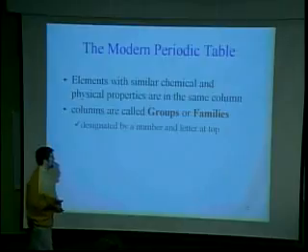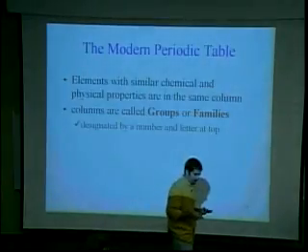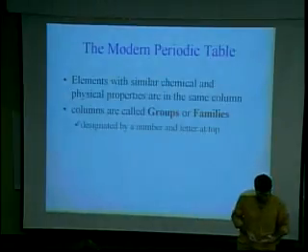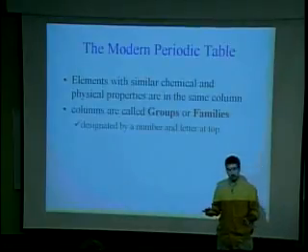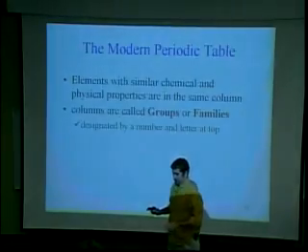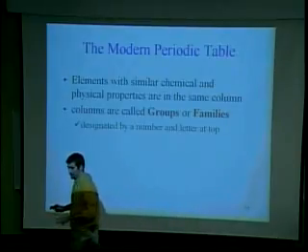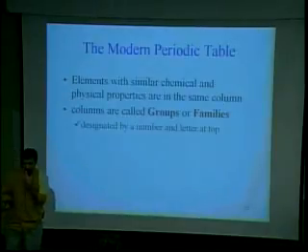Now, they're designated by a number and a letter at the top. Depending on the type of table you have, I need you to understand this. If you have the one that you printed out from my web page, you'll see that there are two different ways to write the group numbers. You may see one that just goes from 1 to 18 all the way across. So hydrogen, the first column is 1, the second column is 2, the third column is 3, and so on all the way across.